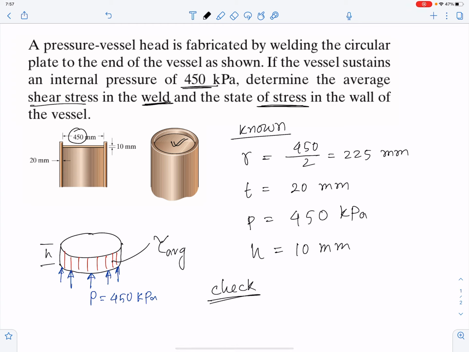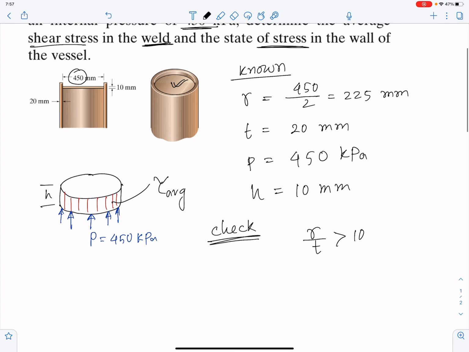The check is that r divided by t has to be greater than 10. So we have r, 225, divided by the thickness, 20 millimeter, which is 11.25, greater than 10.